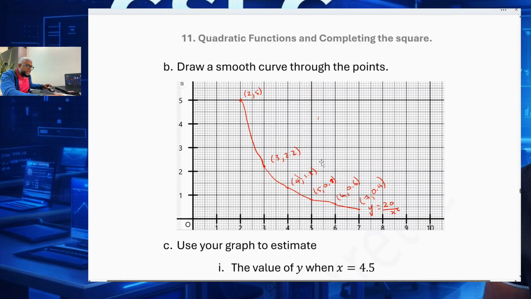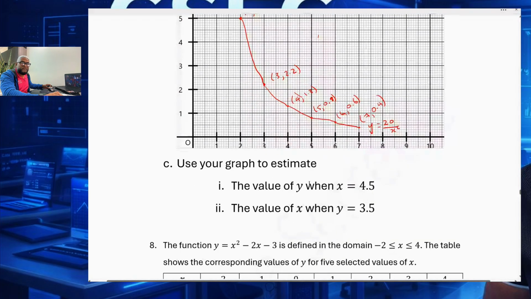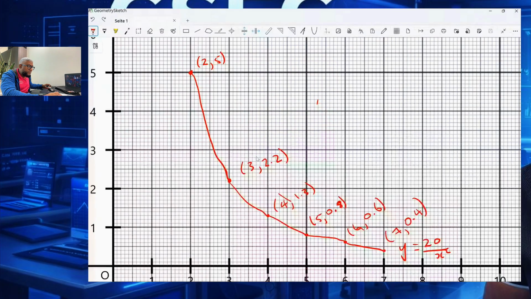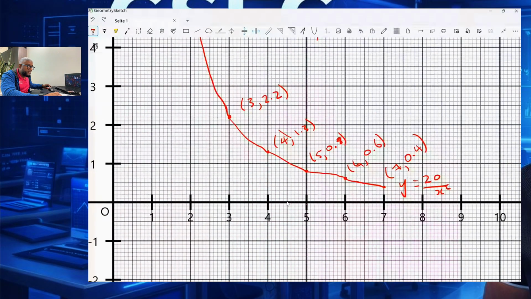Using your graph, estimate the value of y when x is 4.5. So we're going back here. X is 4.5 would be here. Everybody agrees? So let's see if we could line up that now. So we come in here, 4.5, and then we come in over here now. So on your graph, what does it look like?